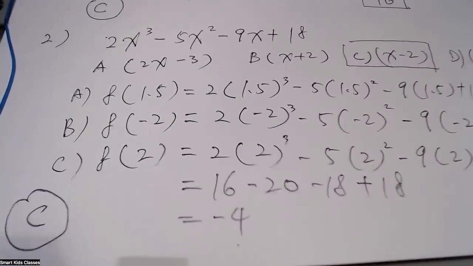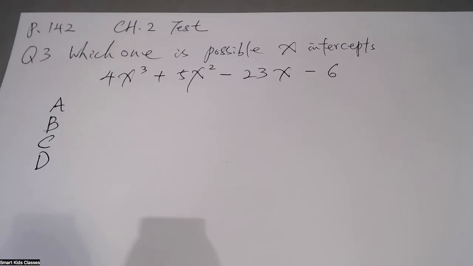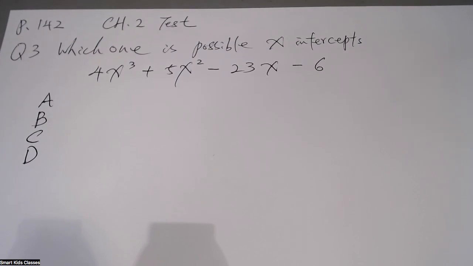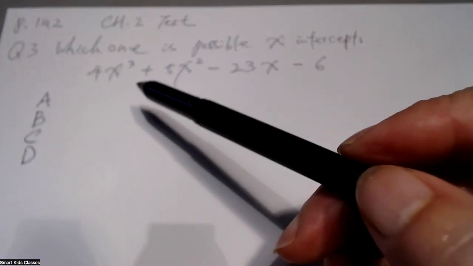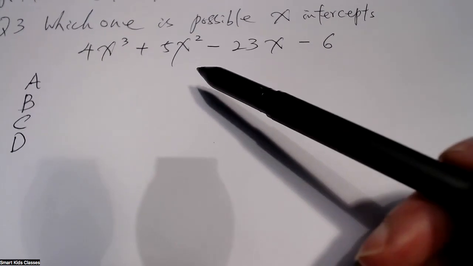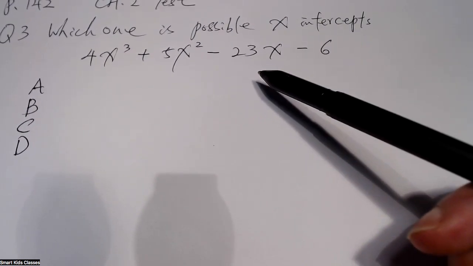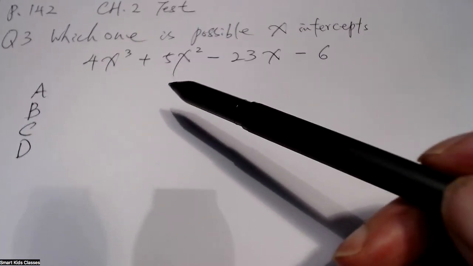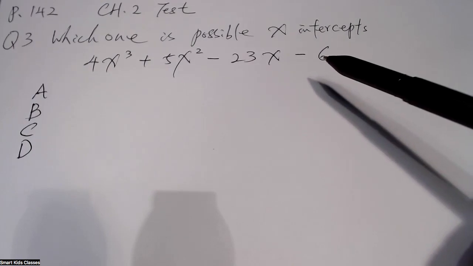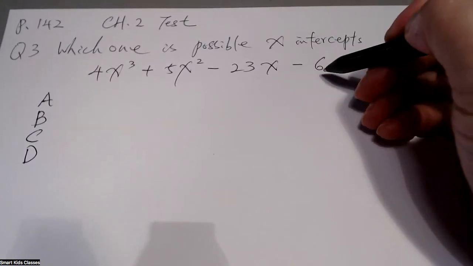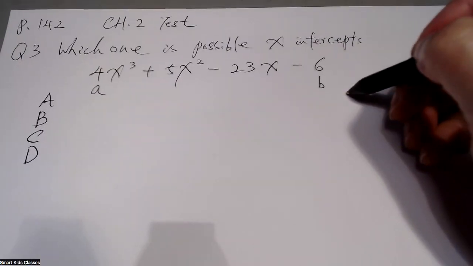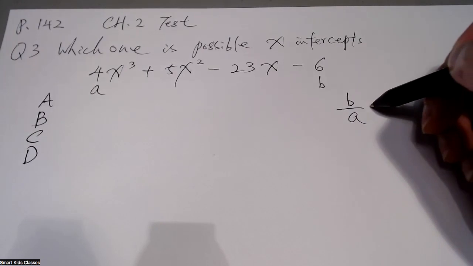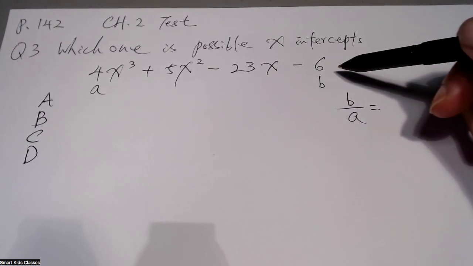Now we are going to look at question 3. Which one is the possible x-intercept for 4x^3 - 5x^2 - 23x - 6? The formula to find the x-intercept: this is called B and that's called A, so it will be B over A. Now, what are the factors for B?